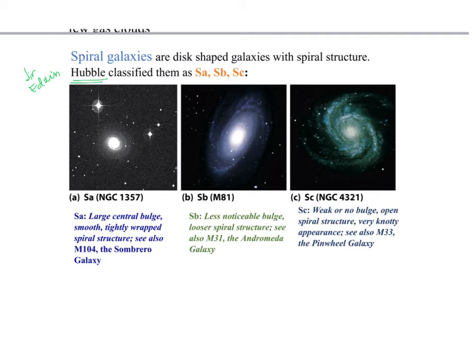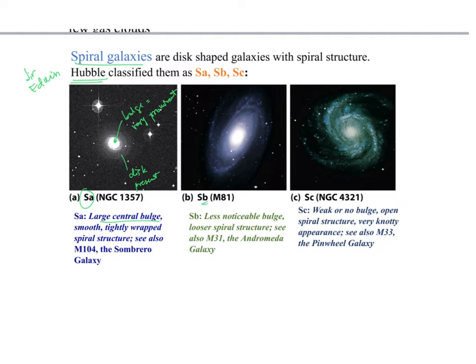But anyway, one of the things that he did was subclassify the spiral galaxies based on how prominent the spiral structure was, how prominent the central bulge. He said, okay, we have an Sa, a spiral of type A, that would be the one with a large central bulge. So the disk is definitely present, but the bulge is very prominent.